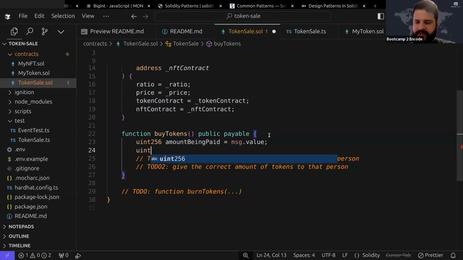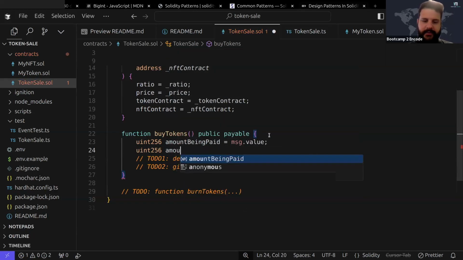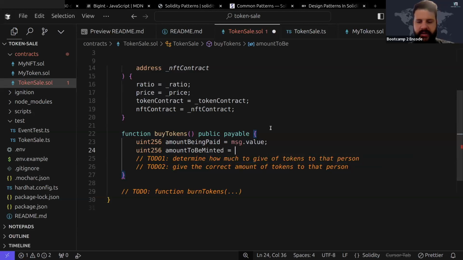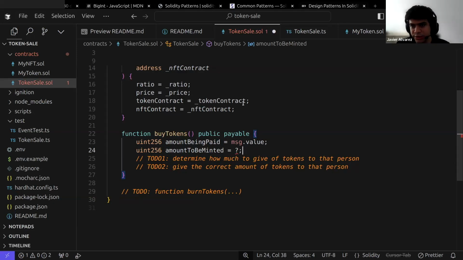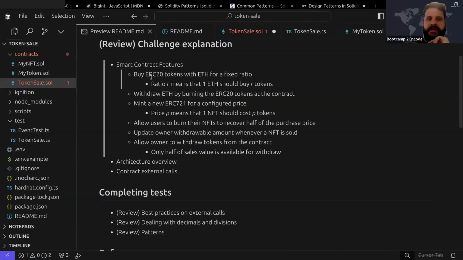Okay. So if I have a uint256 amount to be minted, how much is it going to be? The message dot value divided by 10, was it? Let's see. The ratio R means that each ETH should buy R tokens. So if the ratio is 10, one ETH should buy 10 tokens, right?